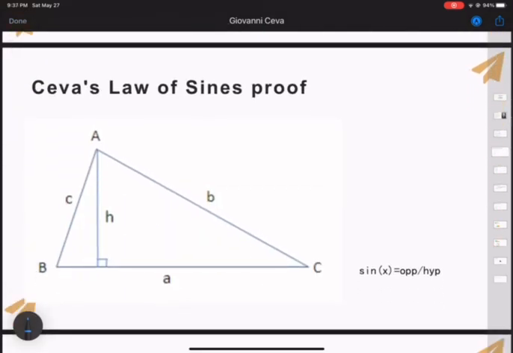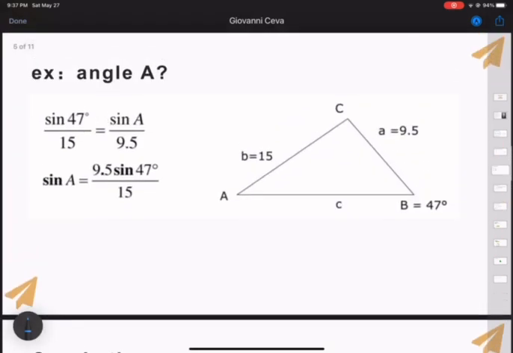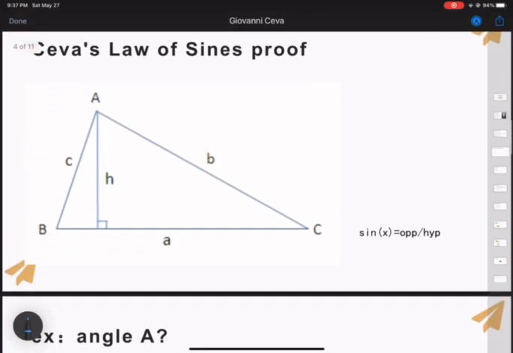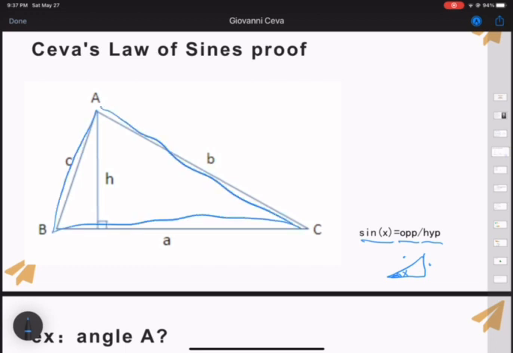Now we're going to prove the law of sines. We need to know the definition of sine x first, which is sine x equals opposite divided by hypotenuse. Here's the angle x, this is the opposite, and this is the hypotenuse side. Then we draw a triangle ABC with a line H, which is 90 degrees.